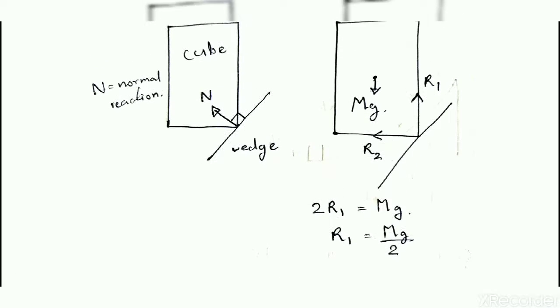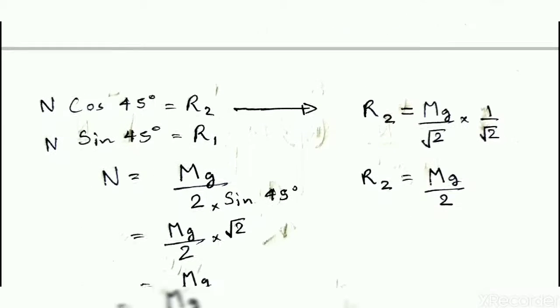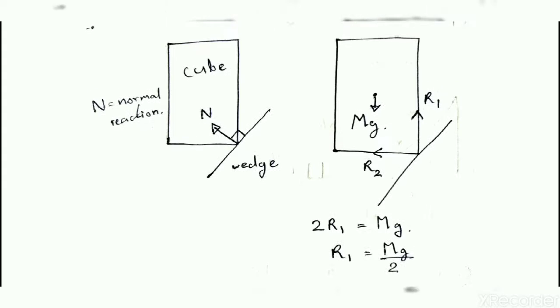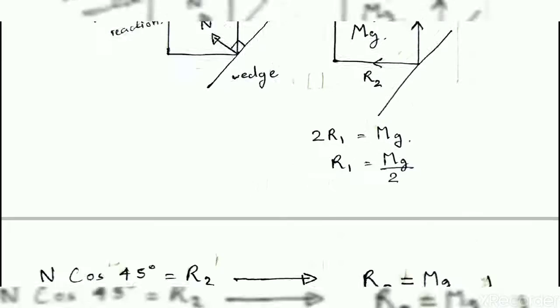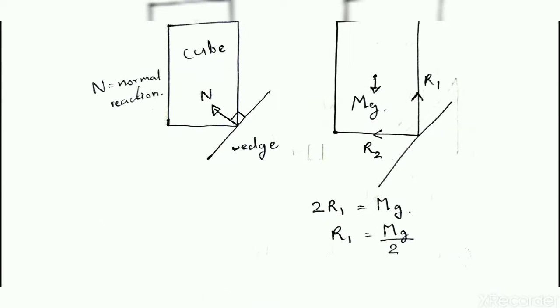As I told you, there are 45 degree angles from the central line towards the R1 force and towards the R2 force. So when we divide N into R1 and R2, we can say N cos 45 degrees is equal to R2. N is acting at a right angle to the surface of the wedge, and R2 is in the lower part, so N cos 45 is equal to R2, and N sin 45 is equal to R1.